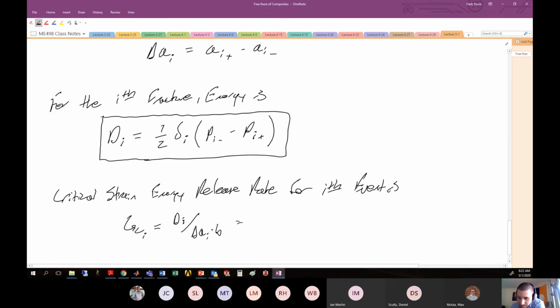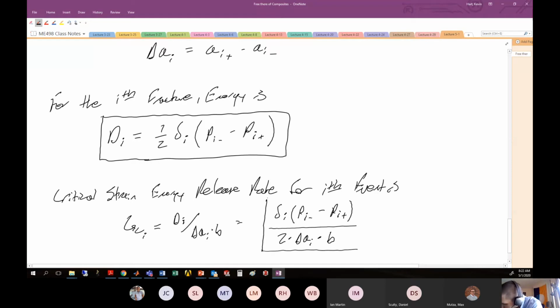And so this here will be delta i, Pi minus, Pi plus, all divided by 2 times delta Ai times B. And there is your critical strain energy release rate for the ith event.